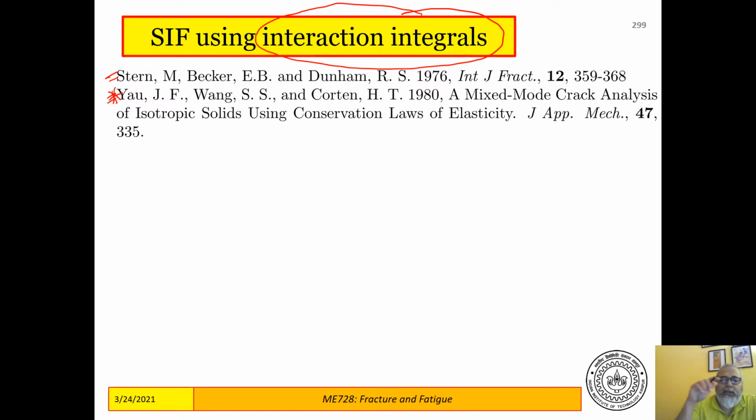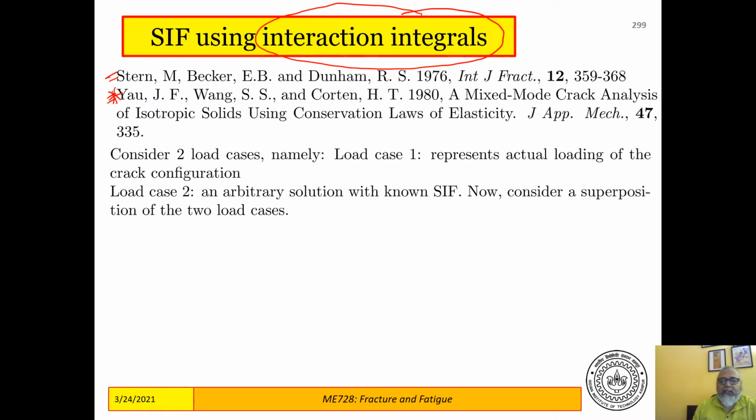So the idea of the interaction integral is the following. It is based on the principle of superposition. So we consider two load cases. Load case 1 is the actual loading of a cracked body.